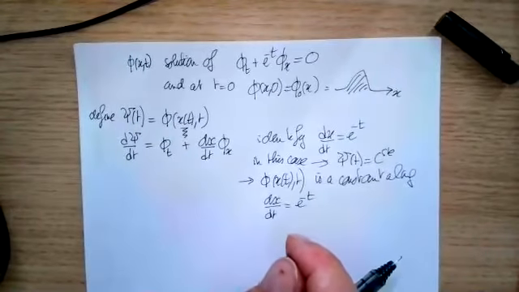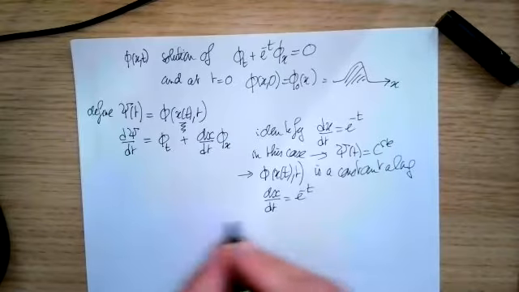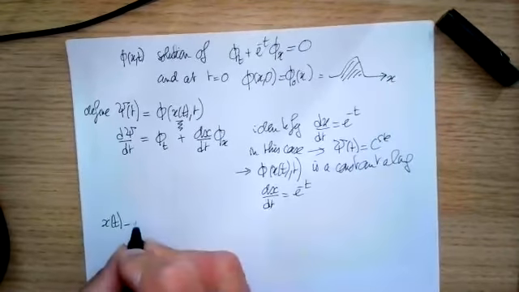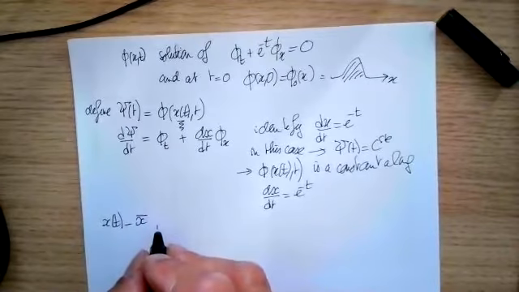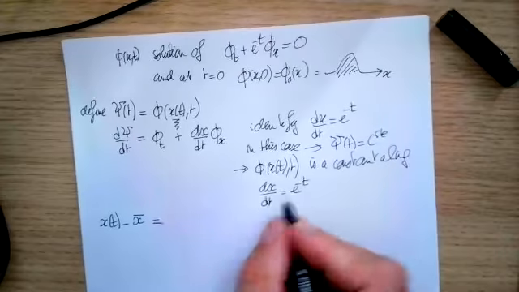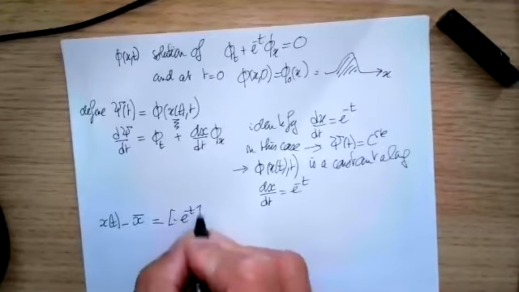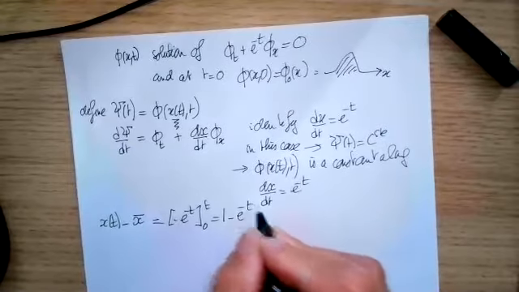So this is easily solved by integration. Means x of t minus x of 0, let's call it x bar to follow the notations of the lectures, equals, well, let us be slow, equals 1 minus exponential minus t.